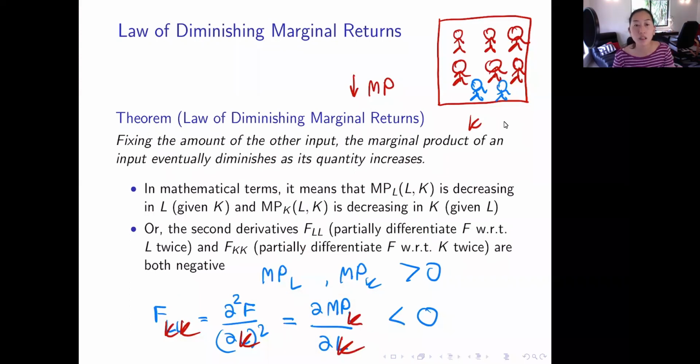It's called the law of diminishing marginal returns: when you hold the other input constant and keep adding more units of an input, the marginal product of that input will be falling.